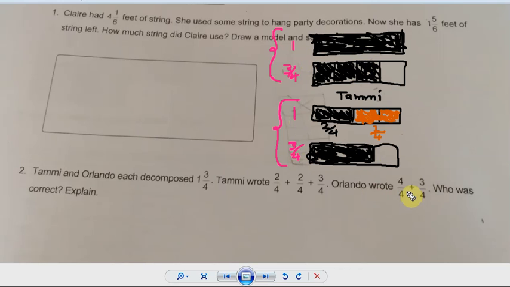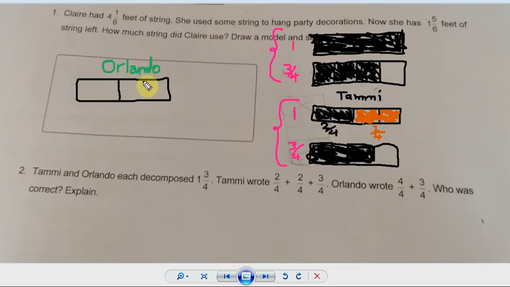So how about Orlando? Orlando did 4/4 plus 3/4. Let's look at what Orlando did to see if he also got it right. So this is Orlando's. First Orlando shaded 4/4. So let's draw back a whole here.